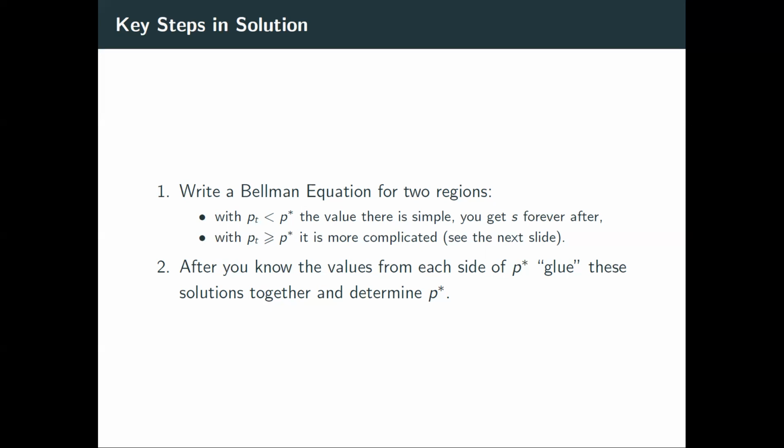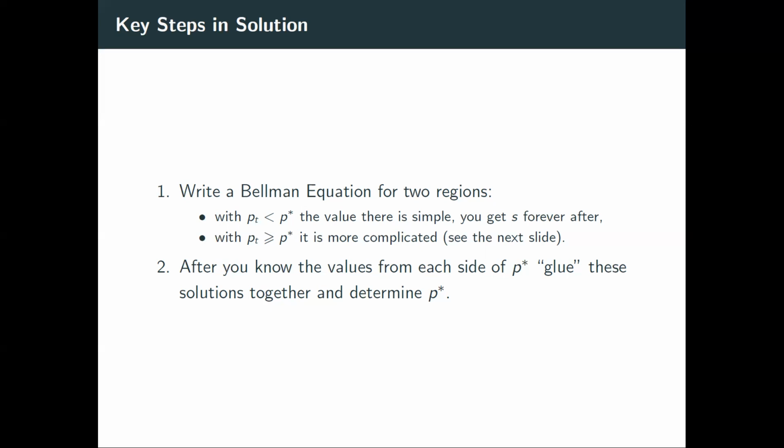Actually, it will turn out that for the region where you use the risky option, you have a non-unique solution. That is, you have many functions that would satisfy this Bellman equation. At first, it looks quite strange, but then what you do is glue these parts of the solution into one function, right?